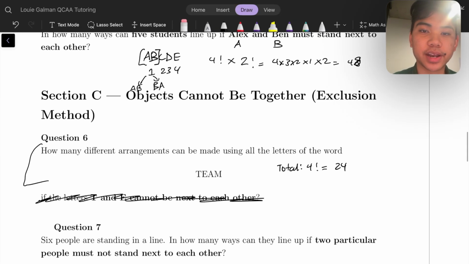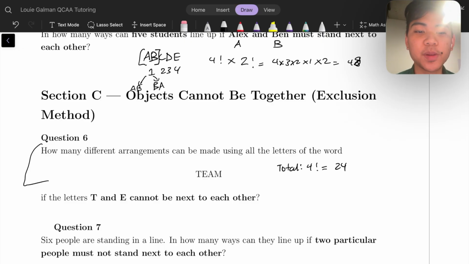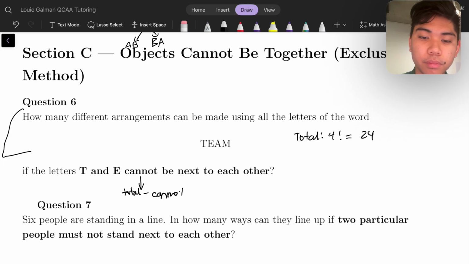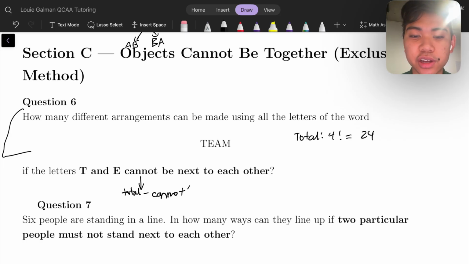Okay. But now we start looking at the next part, and then we do the complement or the opposite of what it's saying, right? So a good trick in probability is that if you have a cannot in your question, you can do total minus can, or the opposite of cannot, which we indicate as a dash.